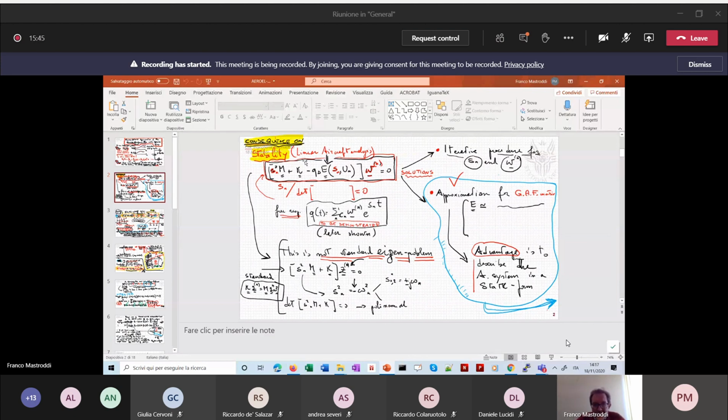This equation is the key equation for discussing the stability of an elastic system. If you take the determinant of this equation and consider the condition determinant equal to 0, one can evaluate the poles of the system.